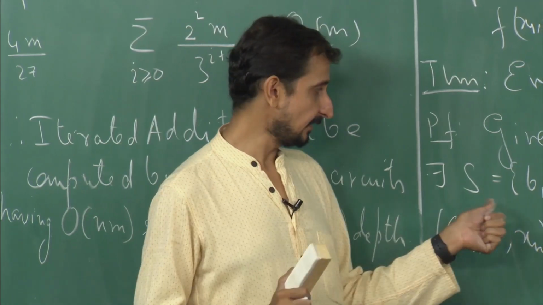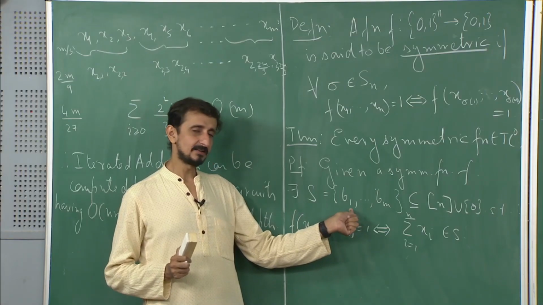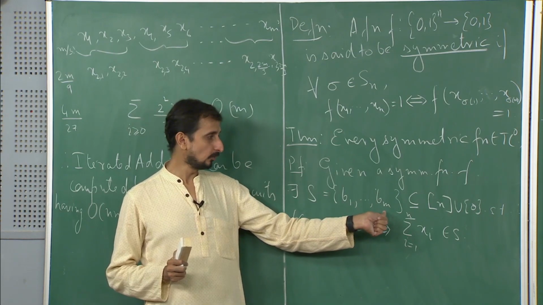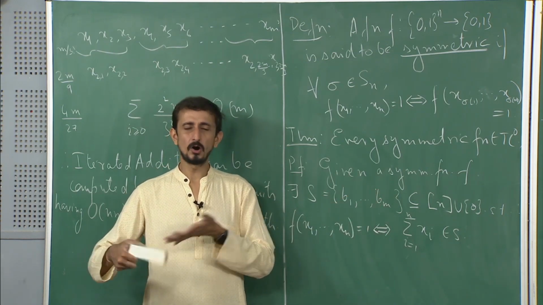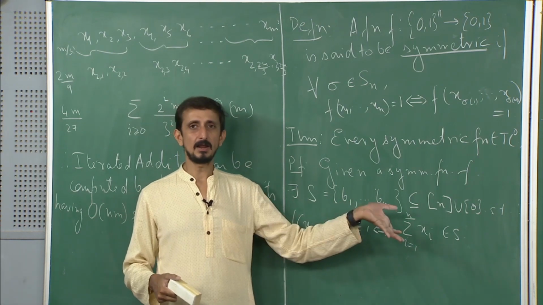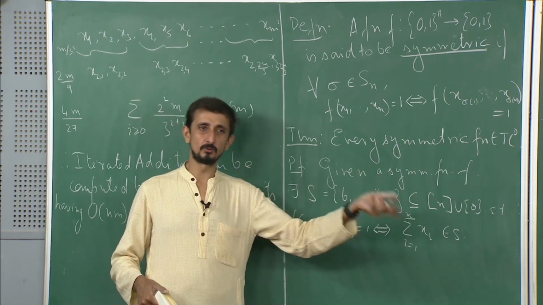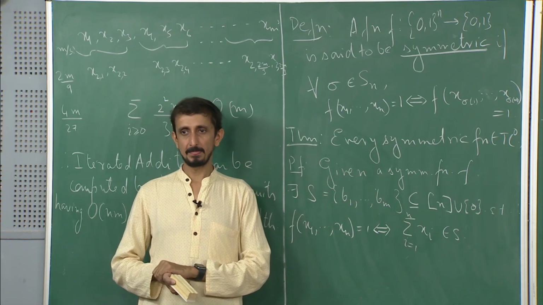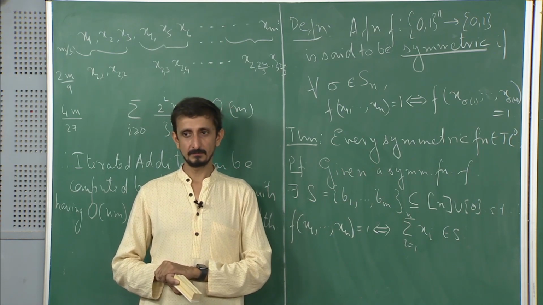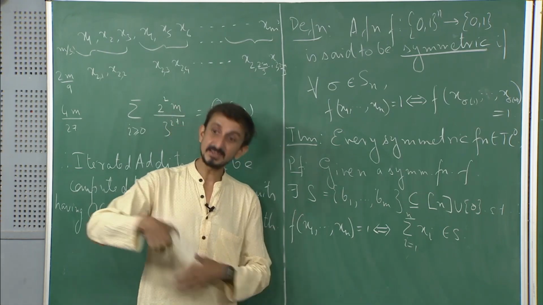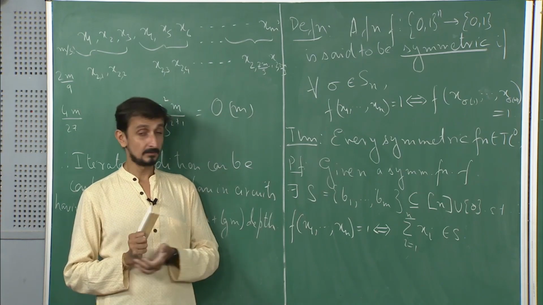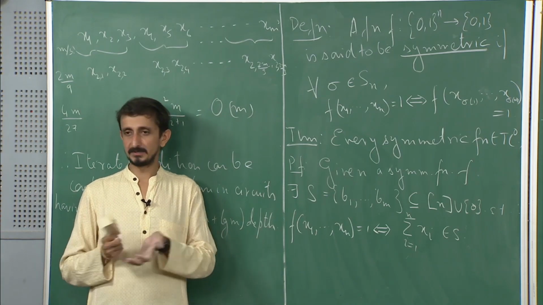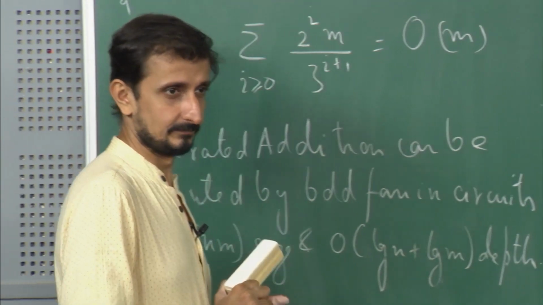So here the set S will be 1, 3, 5, 7, up to n if n is odd. If n is even, it will be up to n minus 1. Exactly, that is what I said: the number of ones on which the function evaluates to 1. That is the only thing that is necessary.